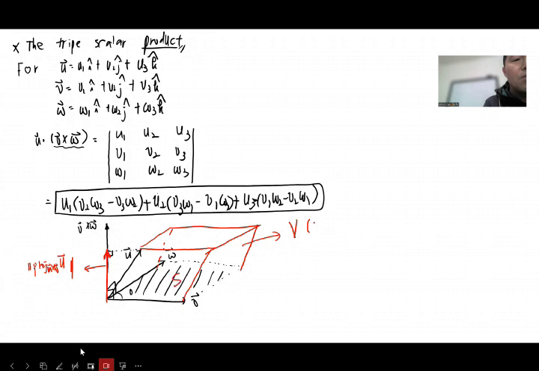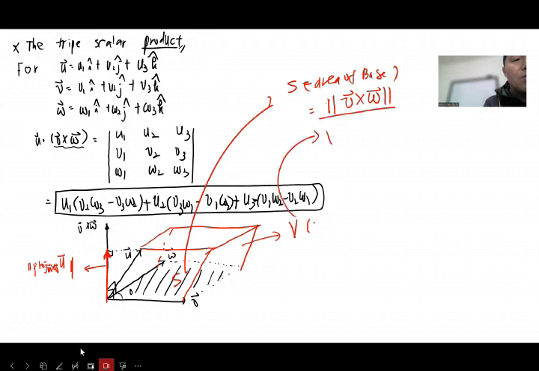So the area S is, as I said, the area of the base. That is the magnitude of the cross product of v and w, and the volume is usually the volume of the parallelepiped, which is made out of the three vectors.